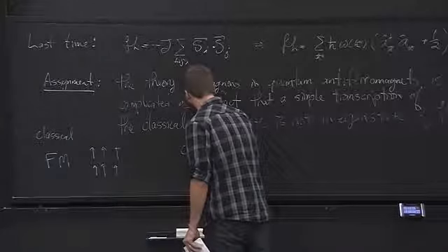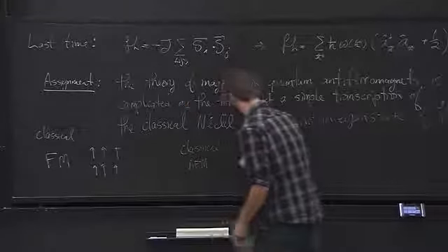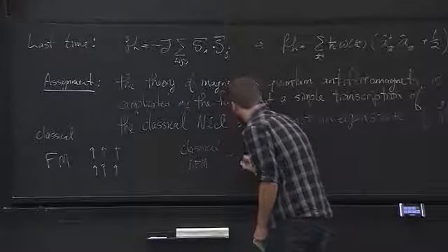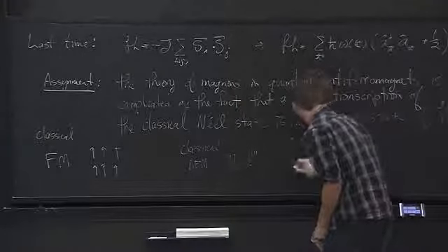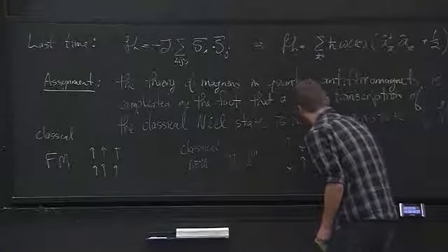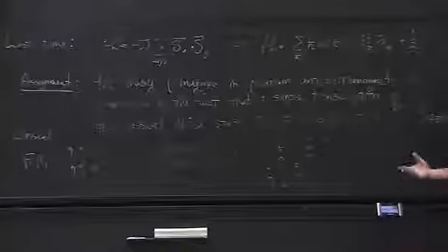Whereas a classical antiferromagnet, or the so-called Néel state, is up, down, something like that.